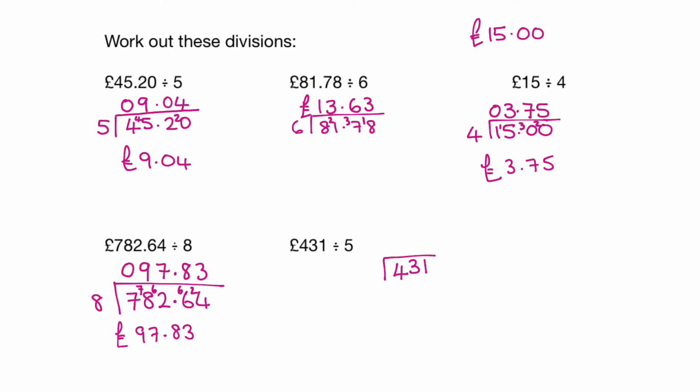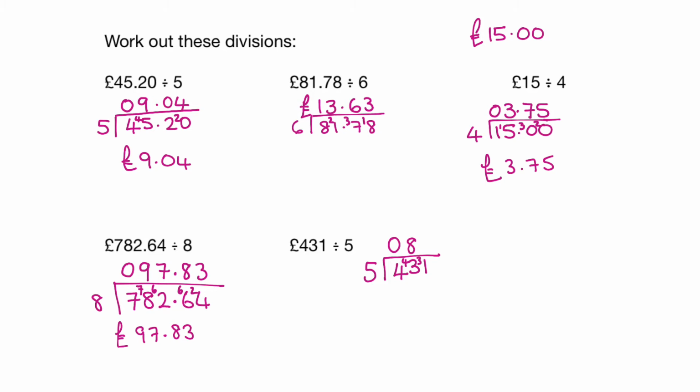Okay, and then the last one for today, £431 divided by 5. Again, we're going to go 5 into 4, and that doesn't go, that goes no times, so we've got 4 left over. Now we're looking at how many 5s are in 43, and 8 5s are 40, so we've got 3 left over. How many 5s are in 31?